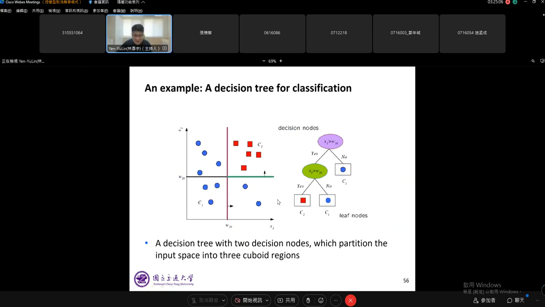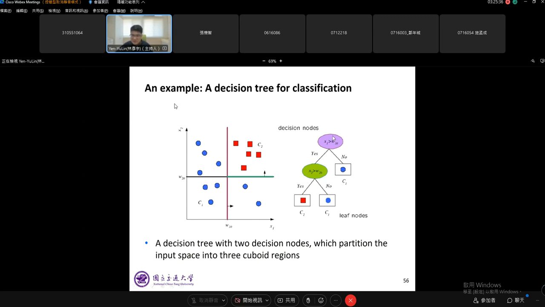Let's consider a two-class classification problem, and all the data points lie in a two-dimensional space: the first dimension and the second dimension. We also use color to indicate the class of each data point. This is a classification problem, and we want to use a decision tree to carry out the classification task.